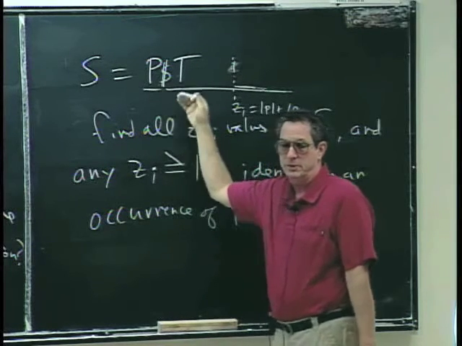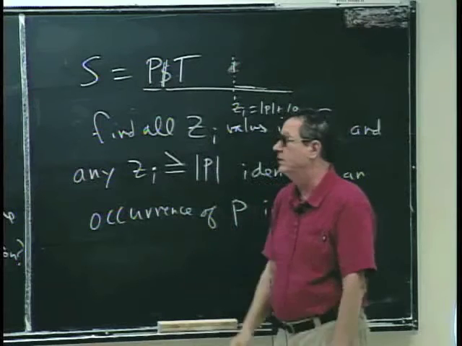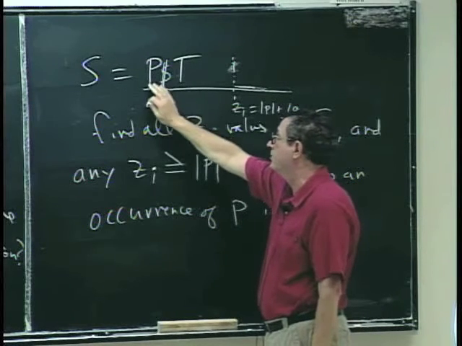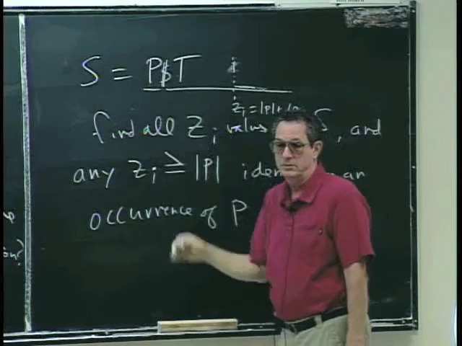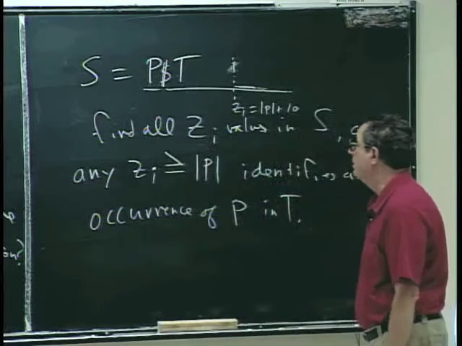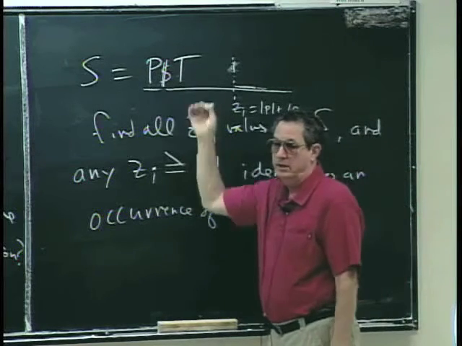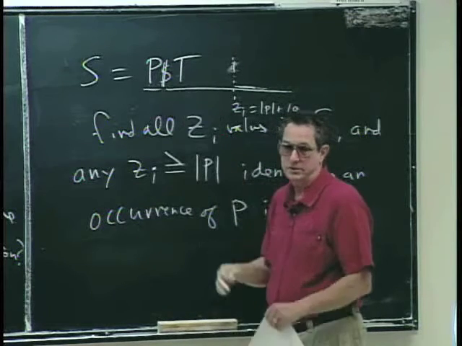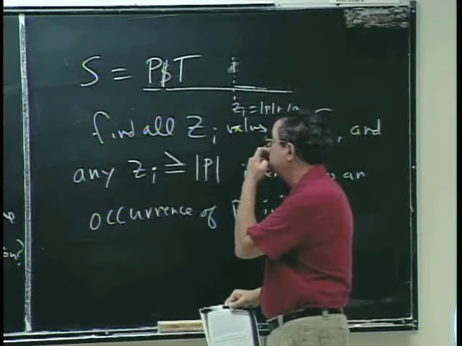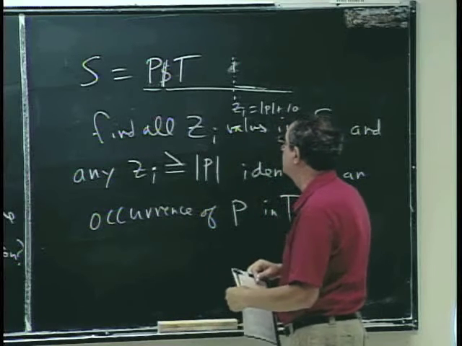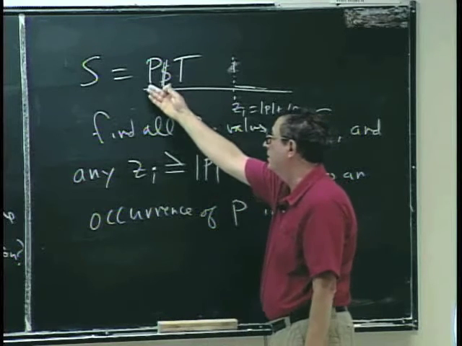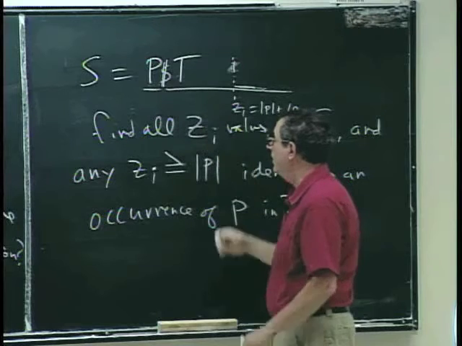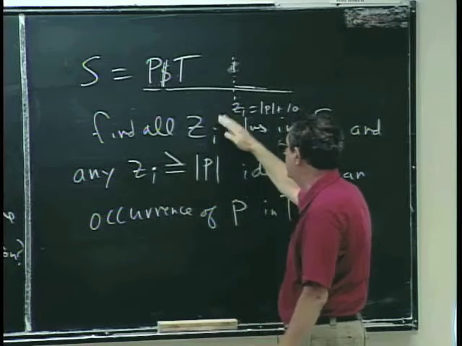So you put some character that's outside of the normal alphabet used in the pattern and the text. If we're talking about strings of DNA, that's a 4-letter alphabet, and there are lots of characters you can use. But anyway, you have available to you some character that's not in the normal alphabet. And then, if you did that, how does that change this statement?